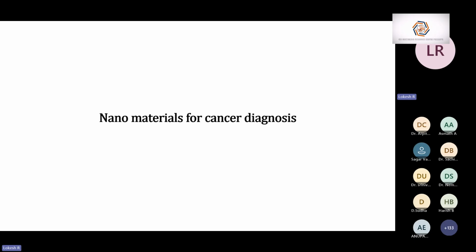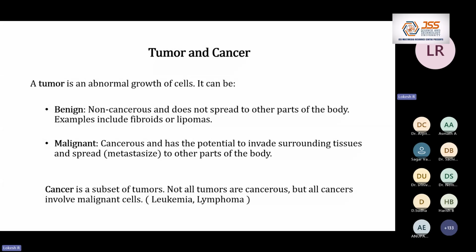To be more precise, in our body the cells are growing. Every day cells will be dying and cells will be growing. When there is abnormal growth of cells, then it will be a problem. When the cells grow, sometimes they grow in the same place. Sometimes a few of the cells escape and enter into other parts of the body.